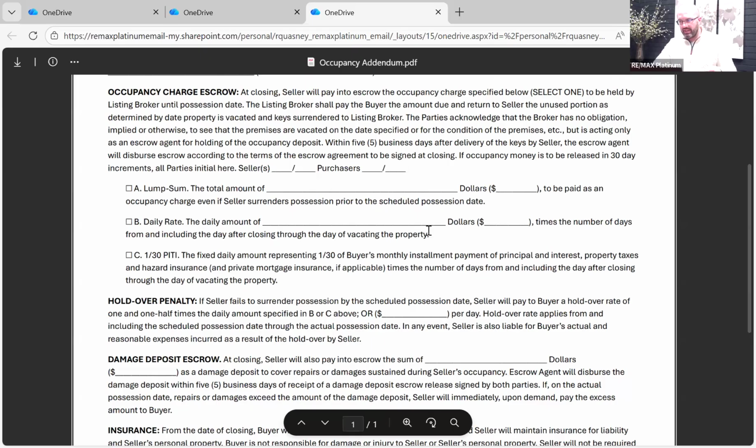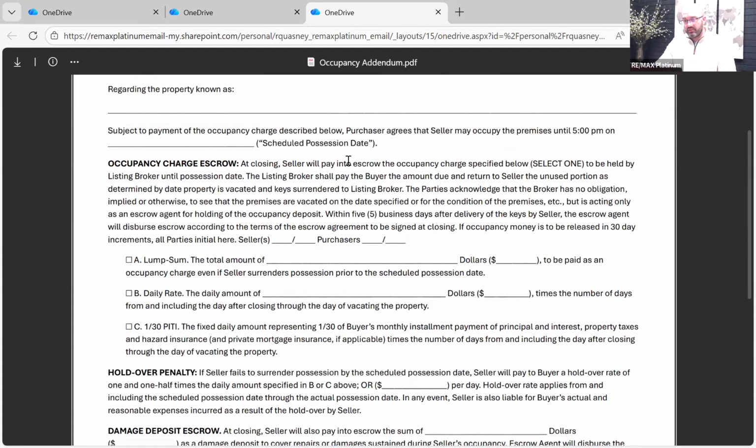So if you close on Friday and they turn in the keys the following Thursday, they're paying for Saturday, Sunday, Monday, Tuesday, Wednesday, Thursday, 6 days. So they didn't pay for the Friday that they closed on, but they are paying for that Thursday. Or if it's Thursday after 5 o'clock, then they'll actually be paying for that additional day, that Friday.